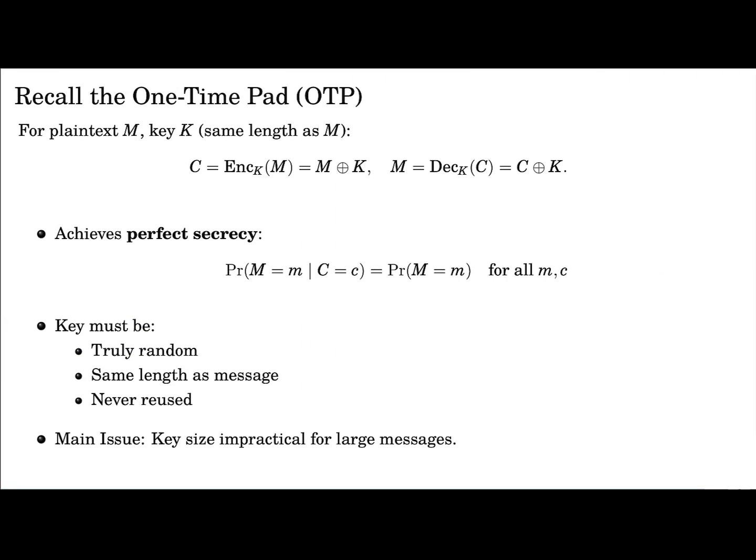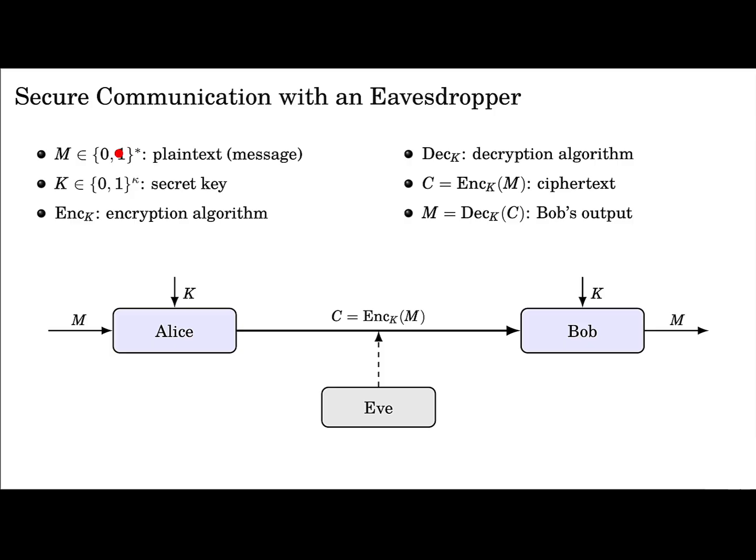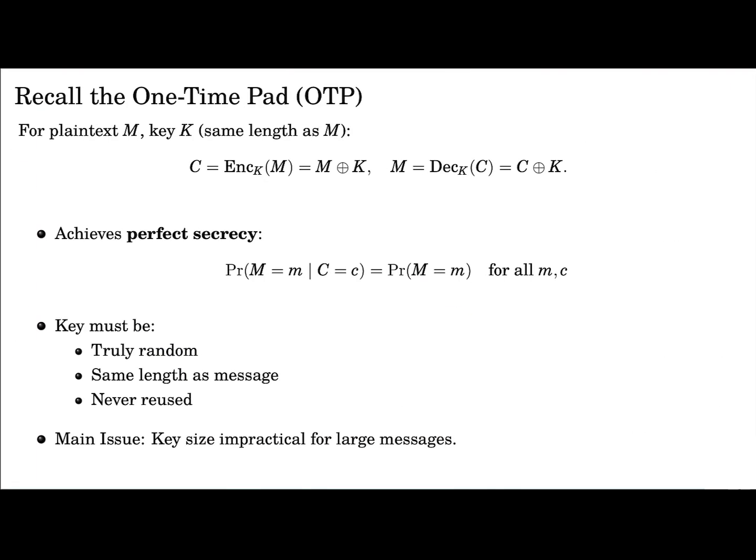So let's recall the one-time pad. So how did that work? For a message M and a key K of the same length, the idea was that you did the encryption by adding the message to the key. Here I'm writing it as an XOR because we're thinking of it as bits. And XORs work like adding modulo 2.